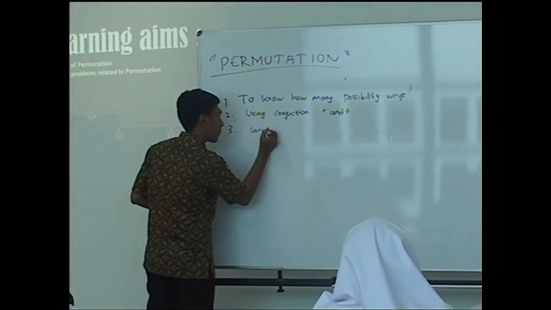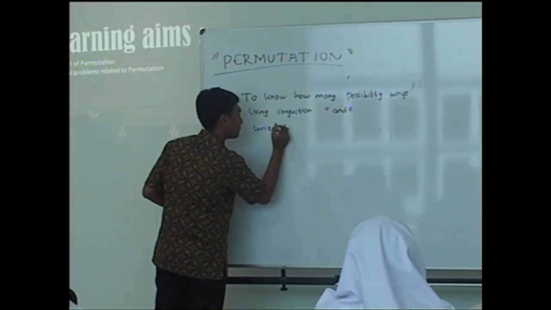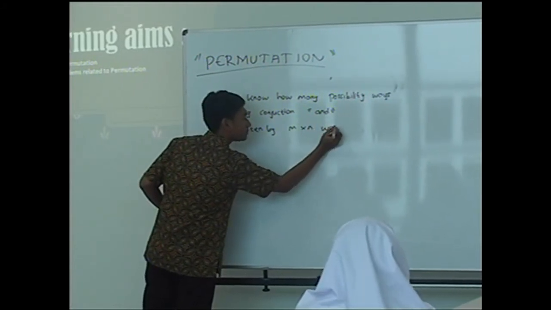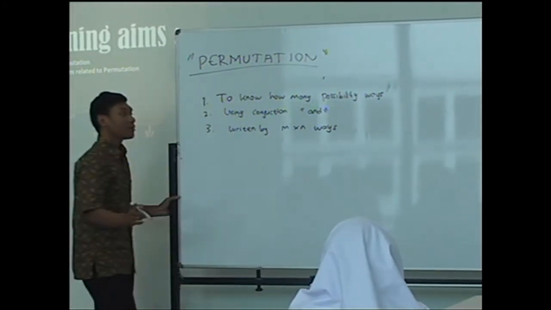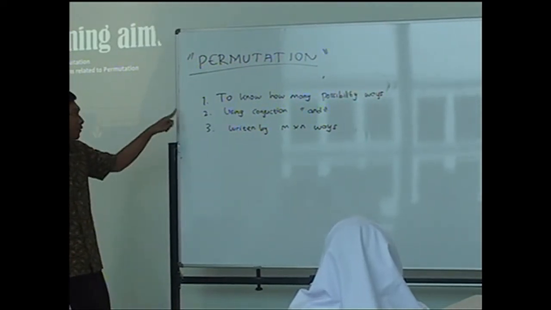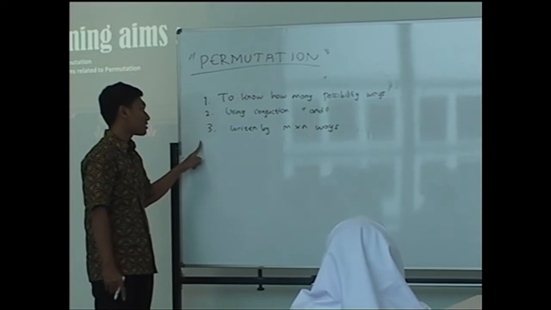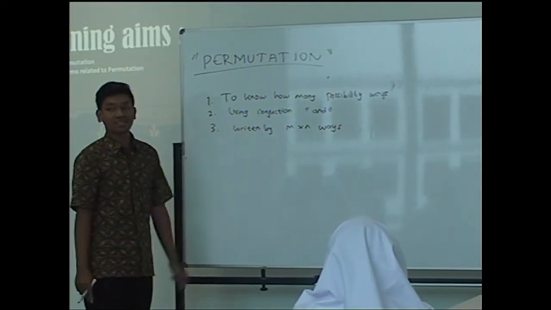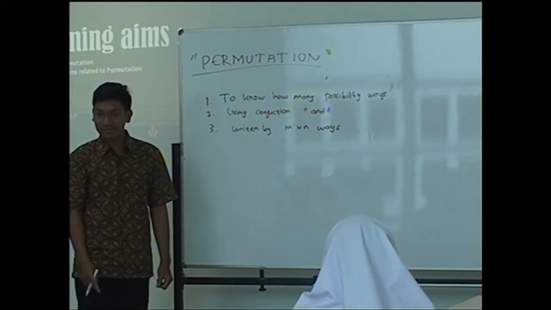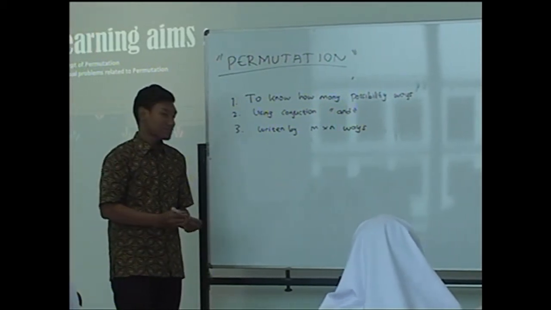So the last is written by m times n ways. So the multiplication rule has three points: first, to know how many possibility ways; second, using the conjunction "and"; and third, written by m times n ways. Is it clear? Yes.